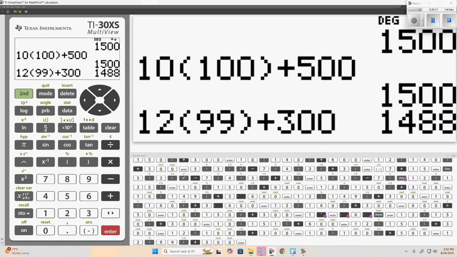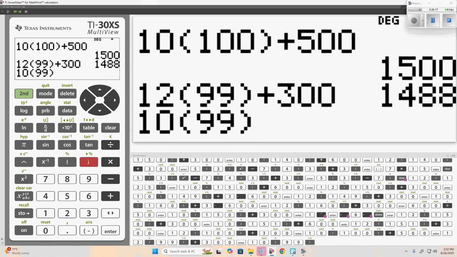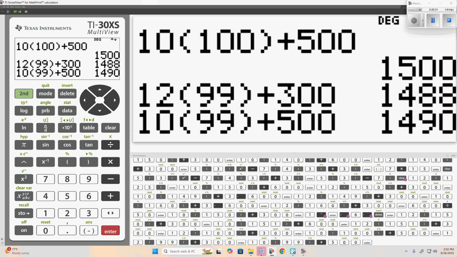So Lakeview at 99 students is 1,488. Maple is at 1,490. So if at 100 students they're the same, at 99 Maple is higher.